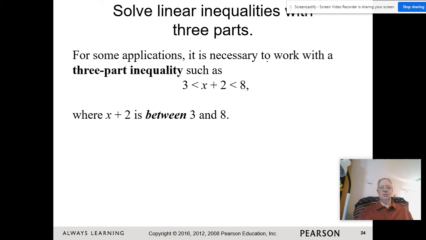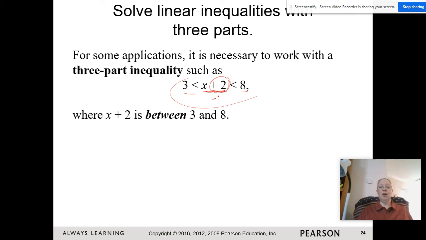For some applications it's necessary to work with a 3-part inequality, and this would be an example. This says that x plus 2 is between 3 and 8. If we were to solve it, we always leave the x in the middle, but any number has to get out of the middle.